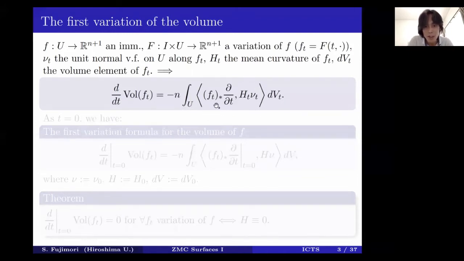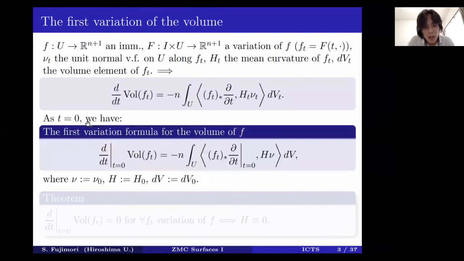This is not easy, but it is just calculation. And when t equals 0, we have the first variation formula for the volume of F, that is this formula, where nu is just nu sub 0, H is just H sub 0, and dV is just dV sub 0.